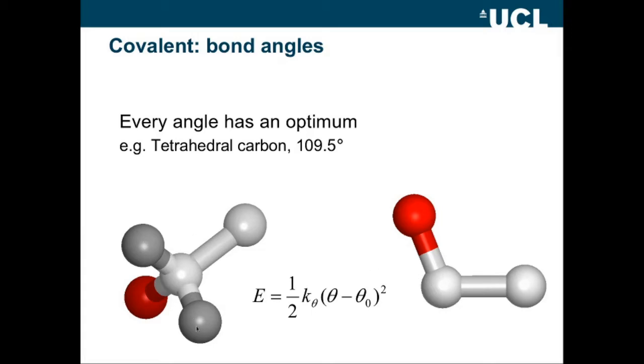So I've taken off these 2 dark grey atoms and just show you the projection of these 3 atoms here, the red one and these 2 white ones. So if we define this angle here as theta, then again we've got an optimal angle theta naught and an observed angle theta. So the energy again is obtained by integrating Hooke's law, and we get the energy equal to half some constant multiplied by the deviation from the optimum squared.